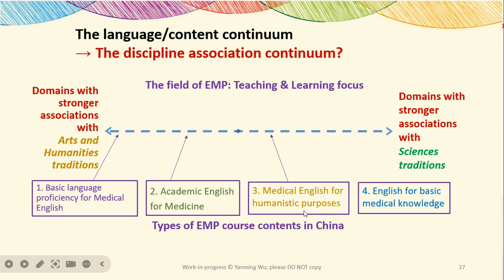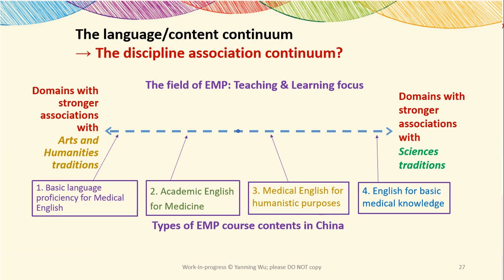Medical English for humanistic purposes involves important areas of medical education, but the humanistic contents there actually have a closer linkage or similarities with arts and humanities traditions, which the EMP teachers are trained in. And the fourth, English for basic medical knowledge, will be domains with stronger associations with science traditions.